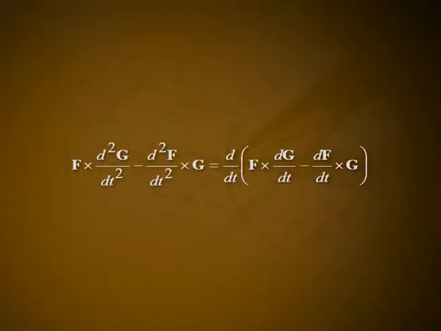Example, prove that f cross d square g by dt square minus d square f by dt square cross g is equal to d by dt of f cross dg by dt minus df by dt cross g.